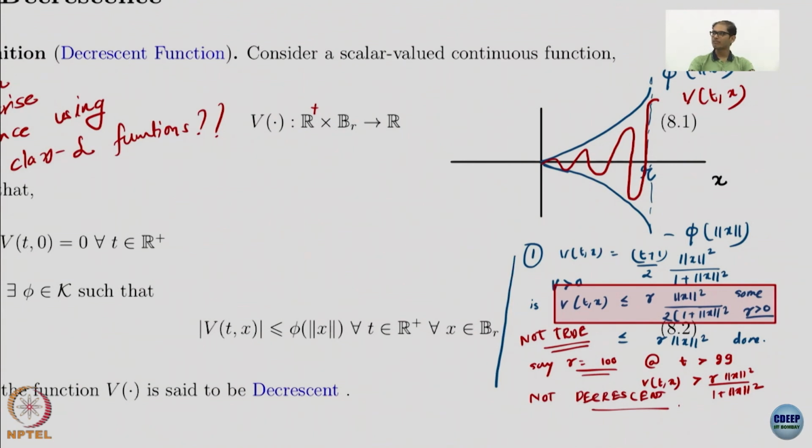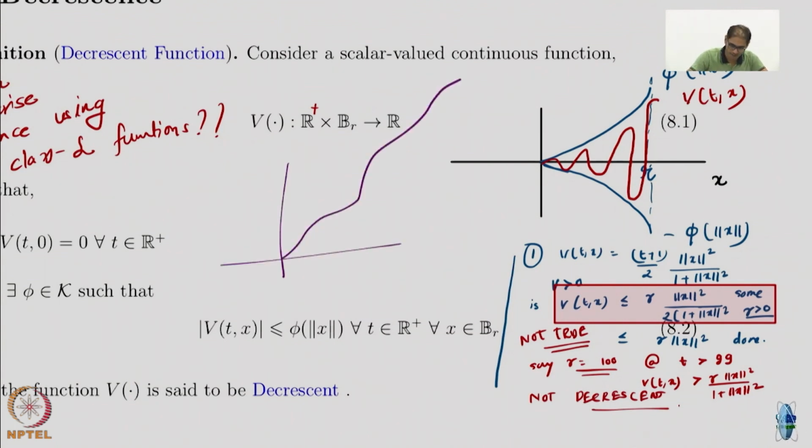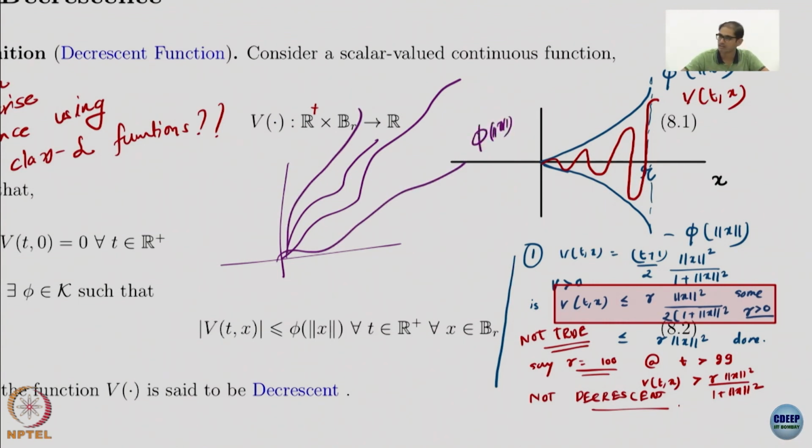Absolutely, absolutely. It's pretty straightforward, right? I mean, think about it. You give me any phi x, it doesn't matter what you give me, this phi x or this phi x or whatever, some kind of increasing function, or phi norm of x.